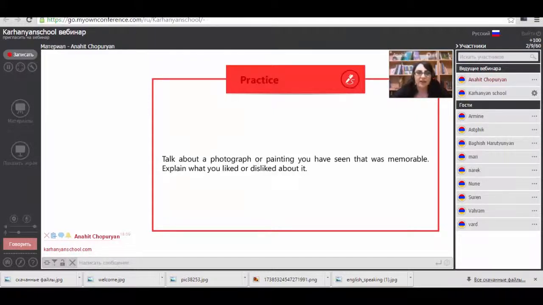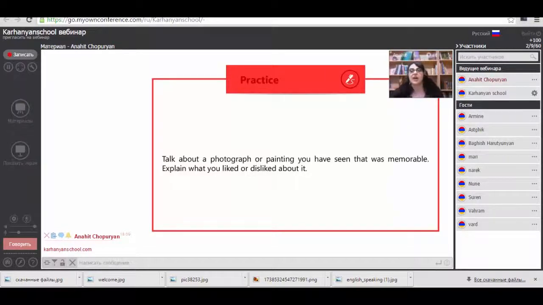Then our next practical part: a photograph or painting you have seen that was memorable. Explain what you liked or disliked about that painting. Okay, you take, for example, the painting of Mona Lisa and explain that, so give some information about it, what you liked about it and why it was memorable.